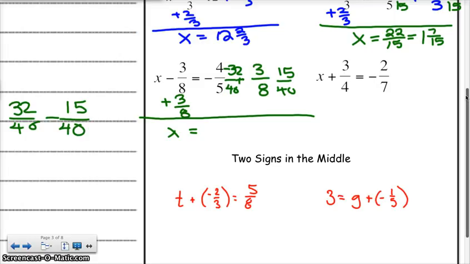Make sure you're showing this work, because this is as advanced as it's going to get, and it is advanced. You have to remember that you're not just going negative 32 plus 15. You're actually got to take that difference. All right, so what do we get? 32 minus 15 is 17 over 40. 17/40.